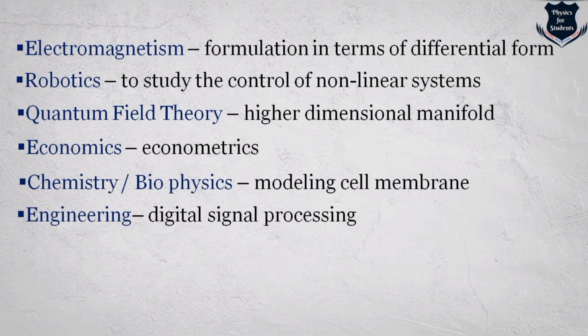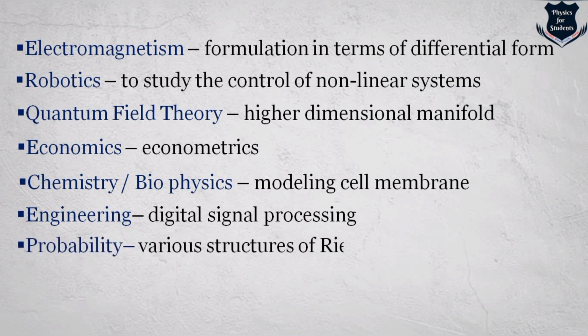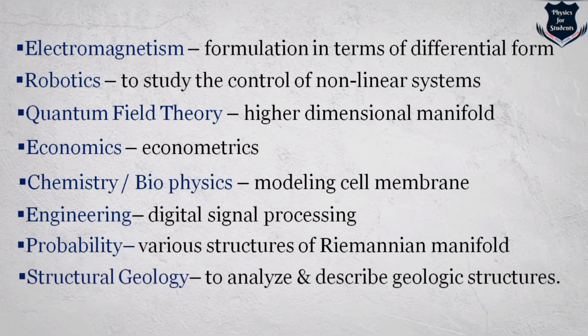In engineering, it is used to solve problems in digital signal processing as well as image processing. We use probability theory so that we can interpret various structures using Riemannian manifolds, which are much more complex. And we also use it in structural geology to describe different complex geological structures.